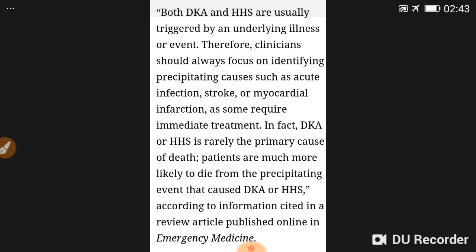Therefore, clinicians should always focus on identifying the precipitating cause, such as acute infection, stroke, and MI, as some require immediate treatment. In fact, DKA or HHS is rarely the primary cause of death. Patients are much more likely to die from the precipitating event that causes DKA or HHS, according to the information cited in the review article published online.